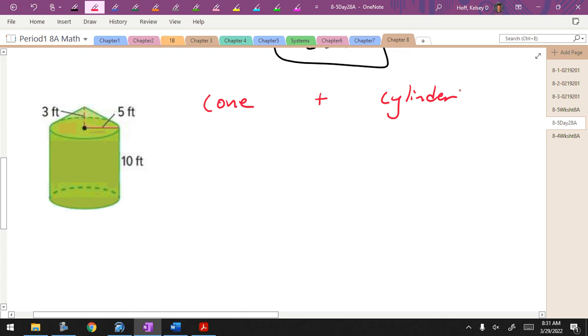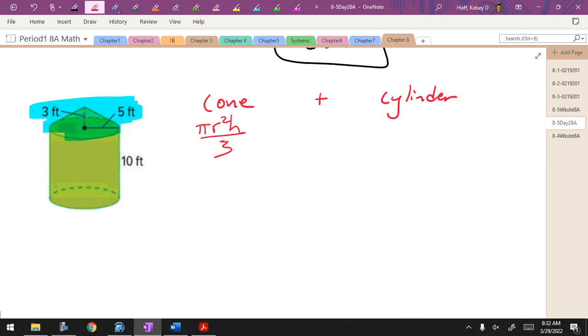My cone: pi radius squared height divided by 3. So now I'm only looking at my cone up here. What's my radius? 5. What's my height? 3. Calculate that for me.